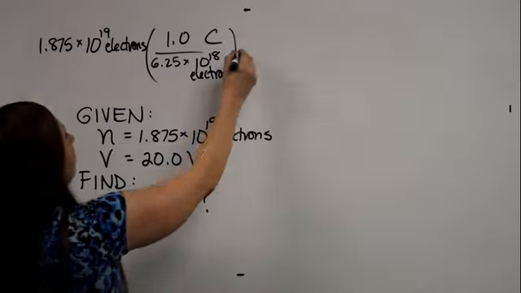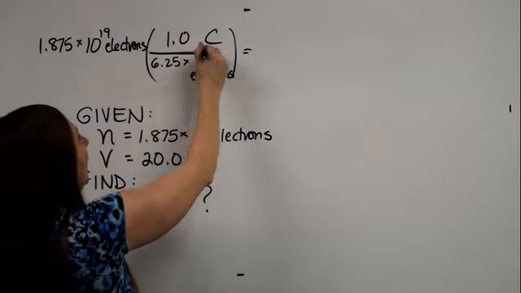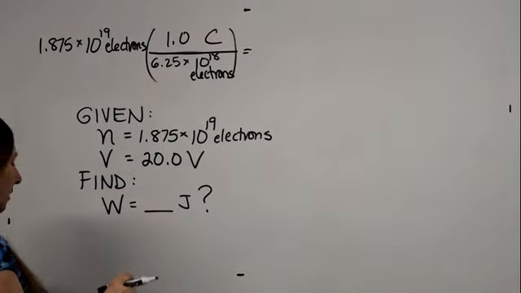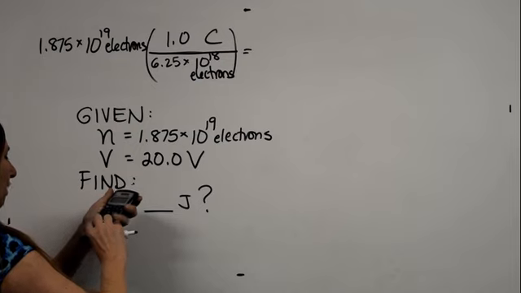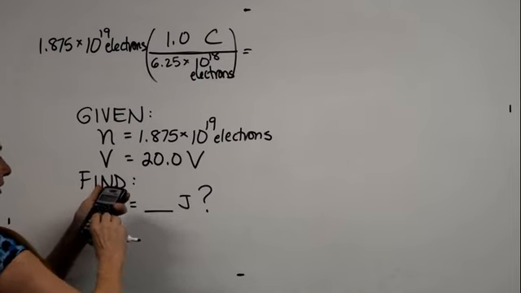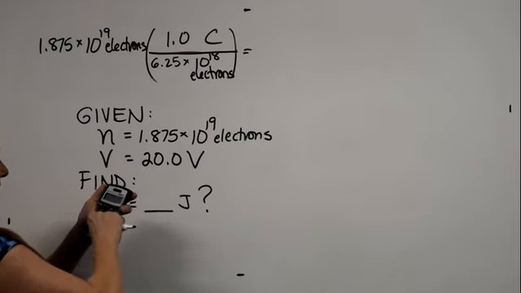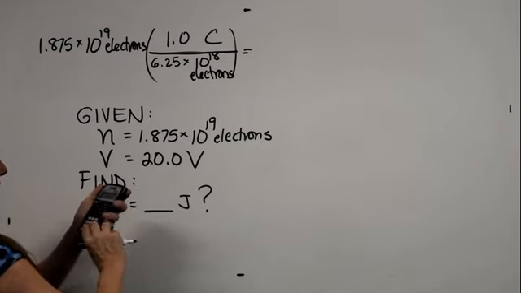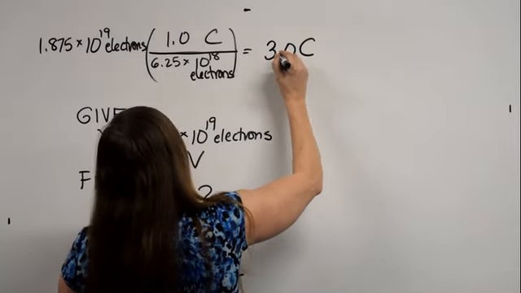So that means I'm going to take this number and divide it by that number. 1.875 times 10 to the 19th divided by 6.25 times 10 to the 18th gives me 3 coulombs.